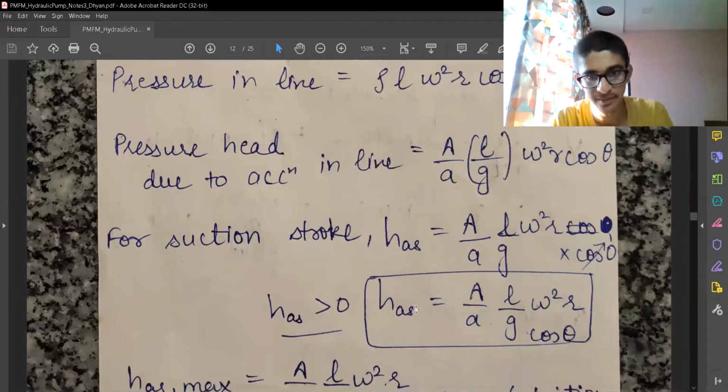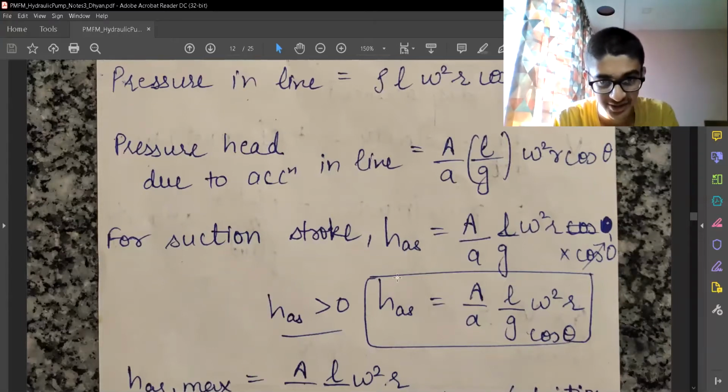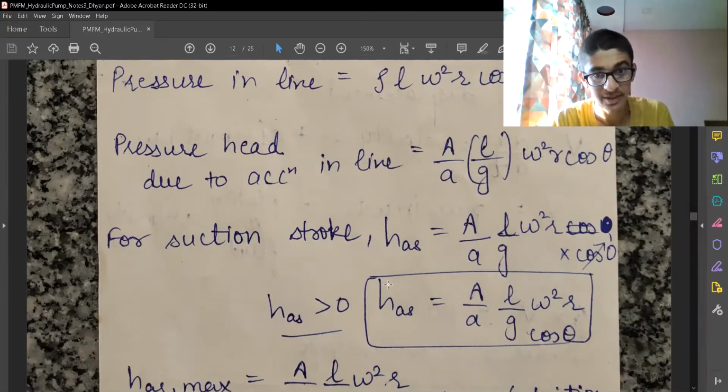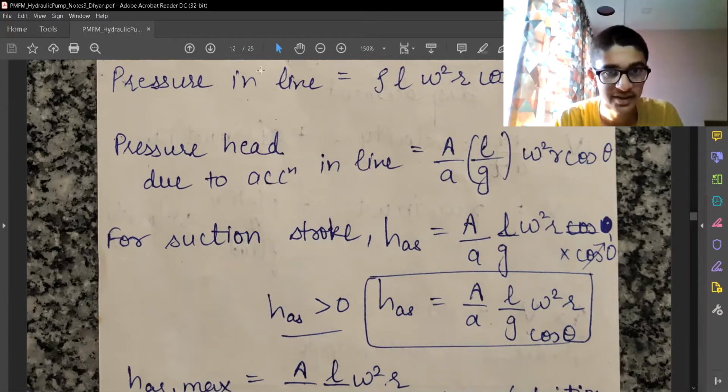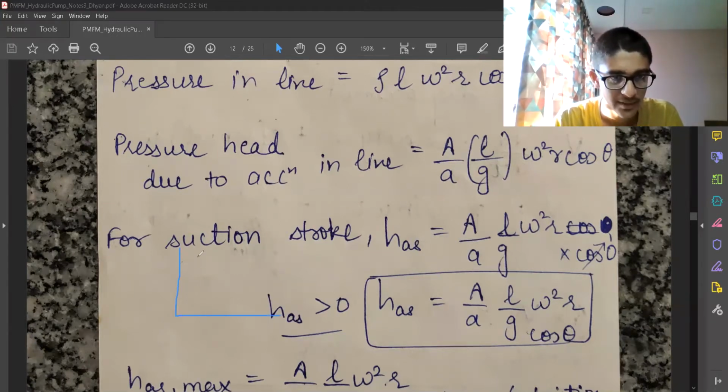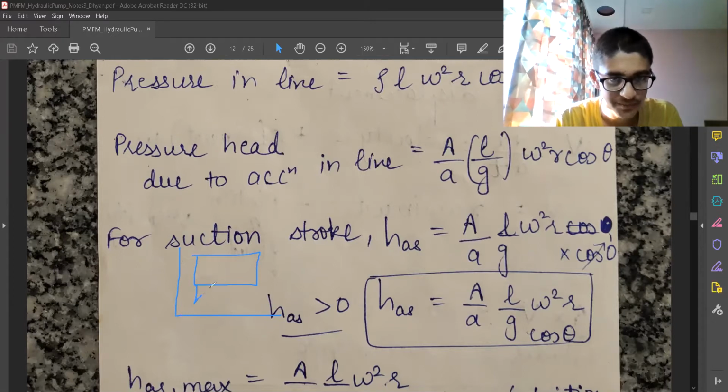So we'll have the maximum acceleration head. We have seen that earlier also: the maximum acceleration head was the change in the indicator diagram. We had a rectangle earlier, and the maximum change was at the IDC and ODC.